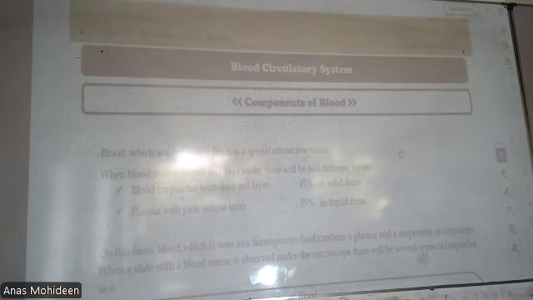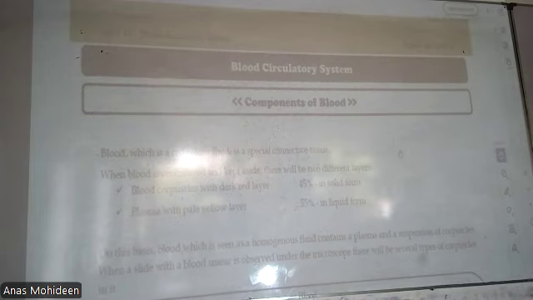White color? Yellow color? Blood is pale to dark red. It differs from person to person, depending on the intensity of blood cells.